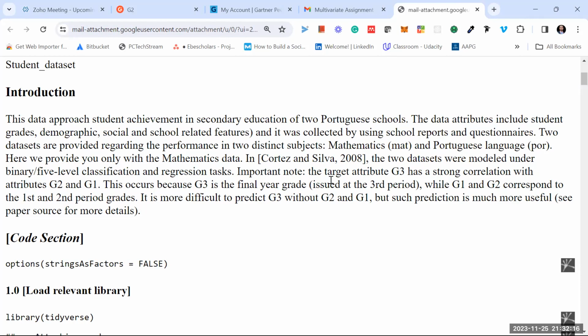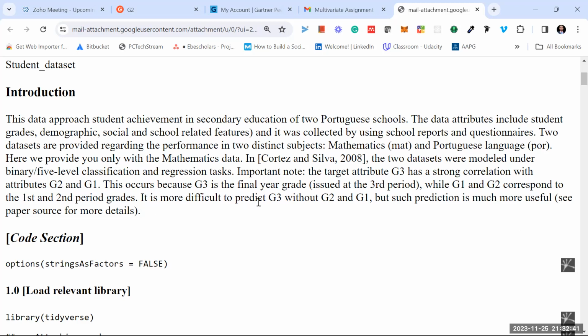Important note: the target attribute G3 has a strong correlation with attributes G2 and G1. Of course, grade 1 and grade 2 have a strong correlation with grade 3. This occurs because grade 3 is the final year grade issued at the third period, while grade 1 and grade 2 correspond to the first and second period grades.